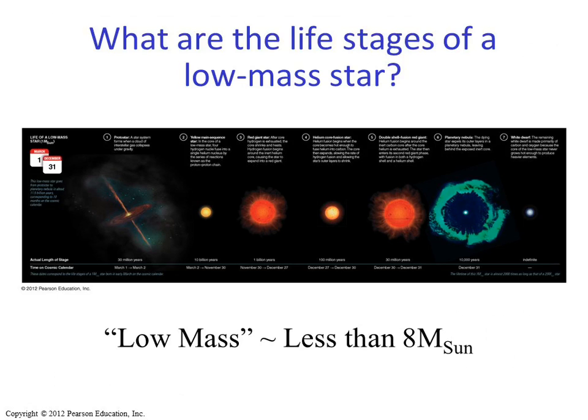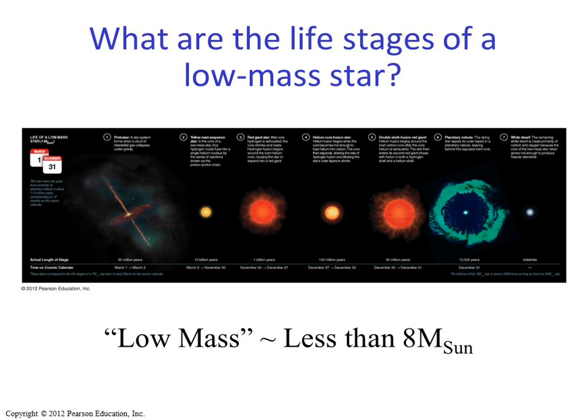All right. So I need to throw another generality at you. I use 0.08 solar masses as the cutoff for a failed star, if it's less massive than that. I'm introducing another term, a low mass star, and our sun fits in a low mass star. Look at what a low mass star is.